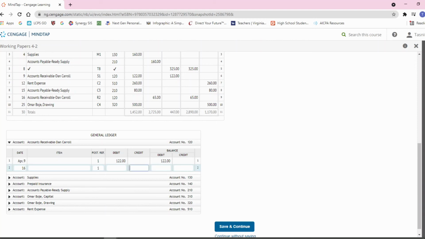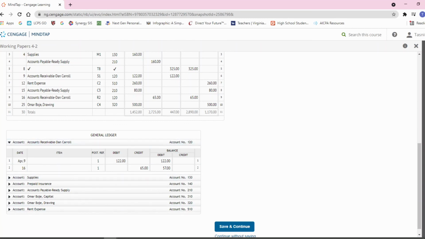So we have a credit for $65. We need to update our balance. So what is 122 minus 65? That is 57. So because we still have more money in our debit, we're going to put 57 over here. Right?